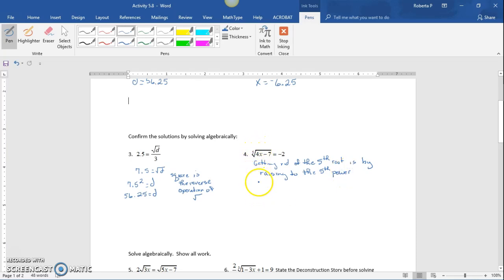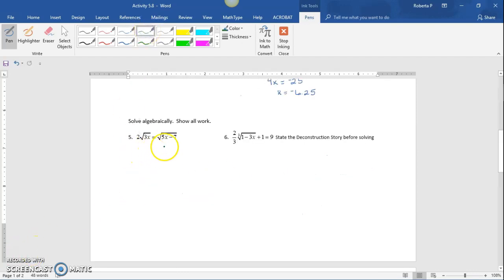When we raise to the fifth power, we end up with 4x minus 7, and negative 2 to the fifth power is negative 32. So we now have 4x minus 7 equals negative 32. We add 7, divide by 4. When we add 7, we end up with negative 25, and divide by 4, and we get negative 6.25.